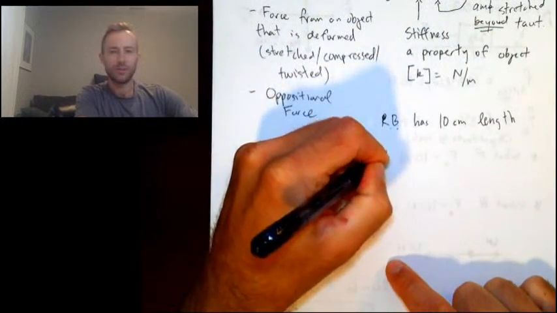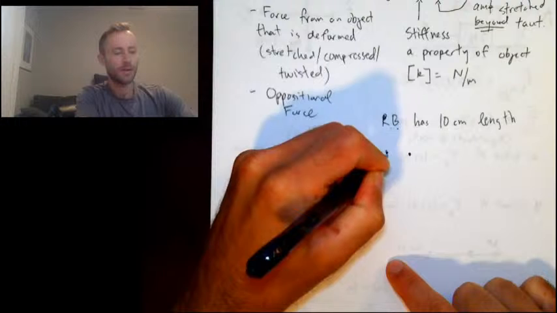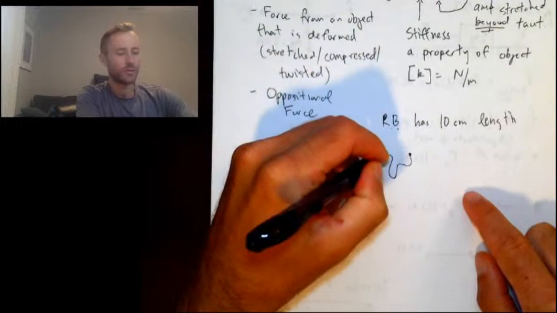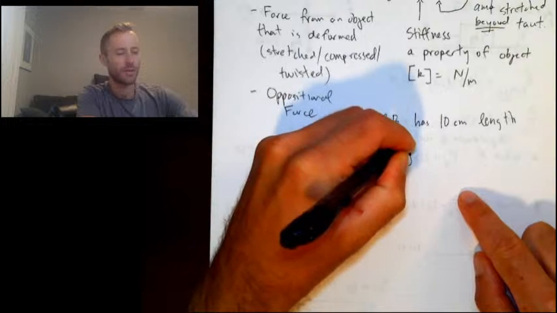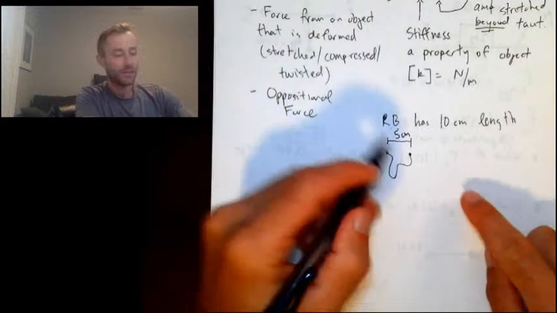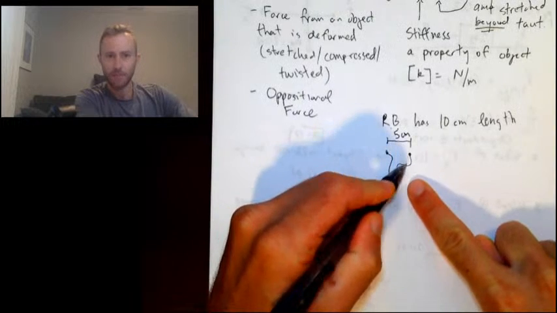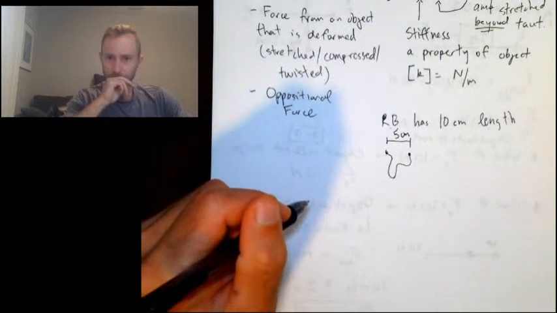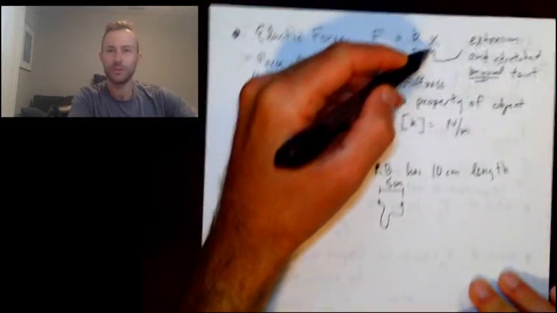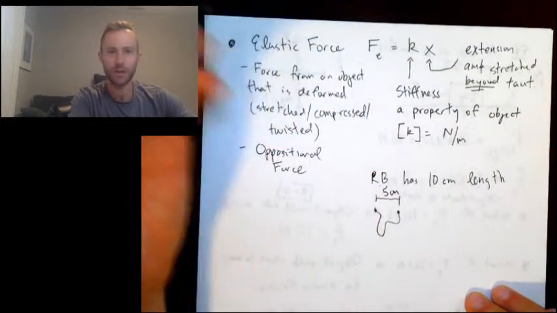And what if these are the two ends of the rubber band? What if the two ends of the rubber band are 5 centimeters apart? In that case, the rubber band is not taut. So in that case, x is equal to 0 because the rubber band isn't being stretched.